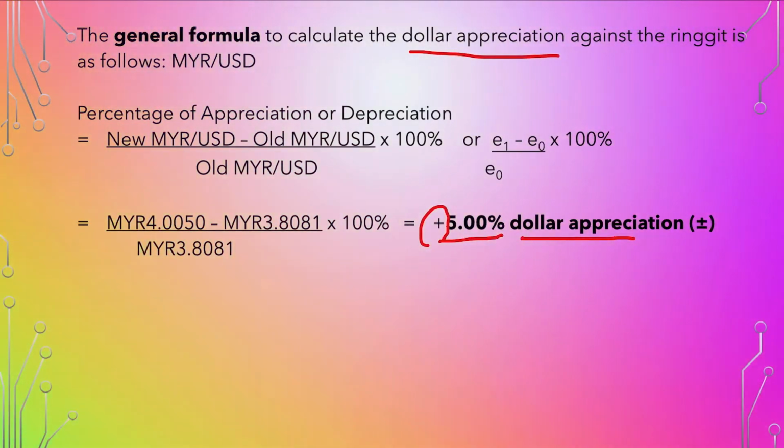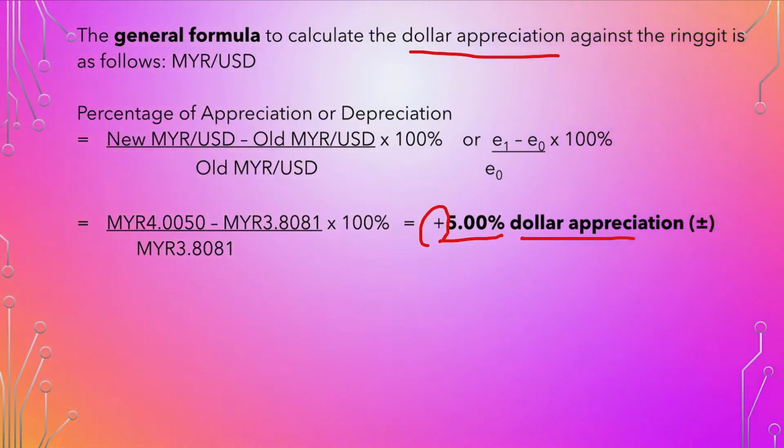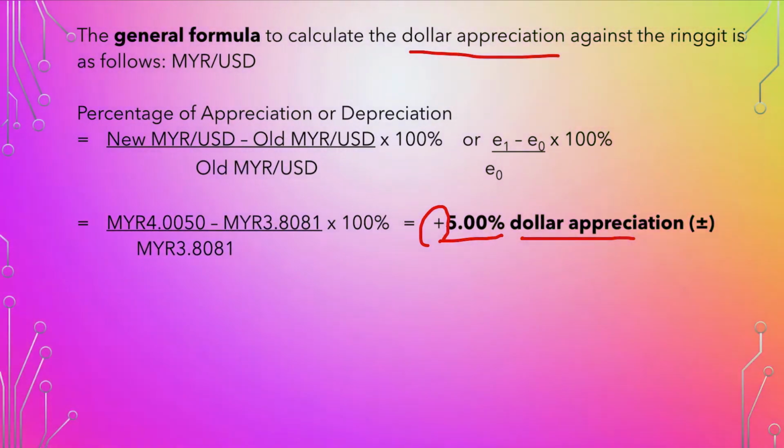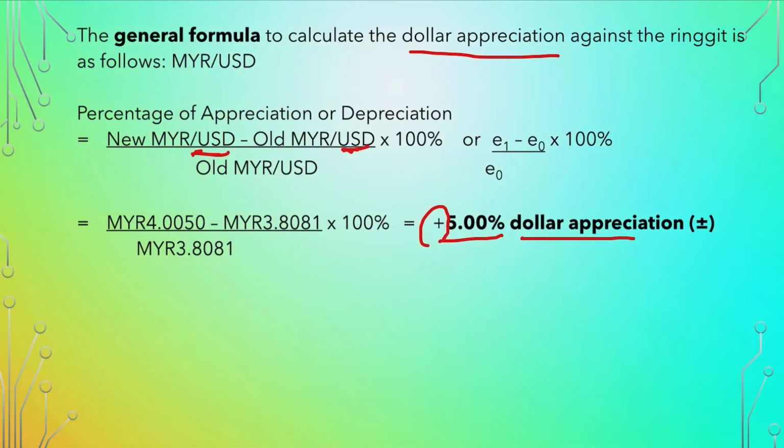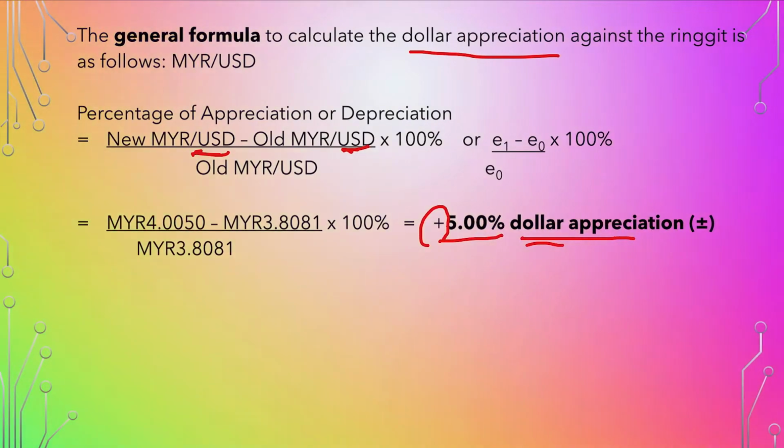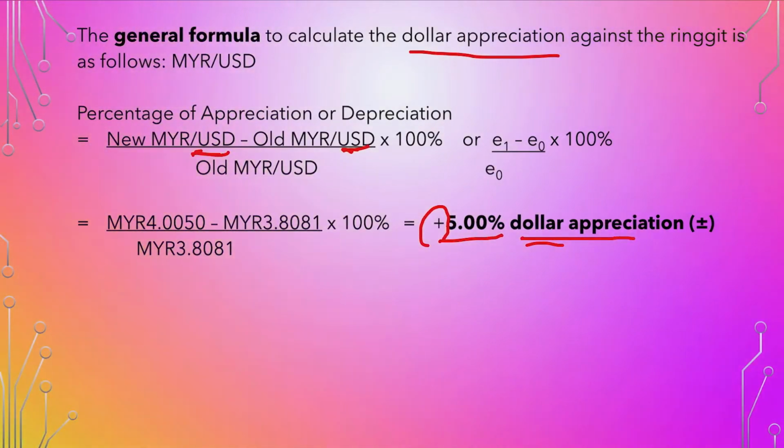Why dollar? Because the formula is Malaysian ringgit per US dollar. Per US dollar, meaning 5% dollar appreciation. In other words, 5% Malaysian ringgit depreciation.